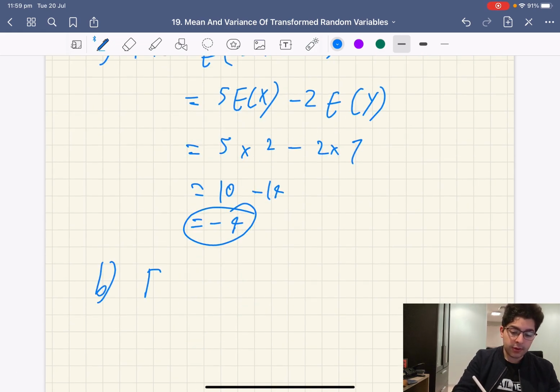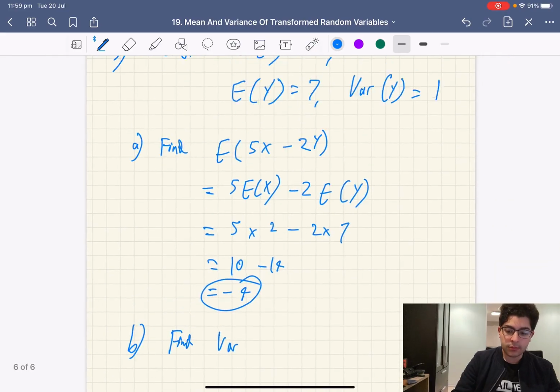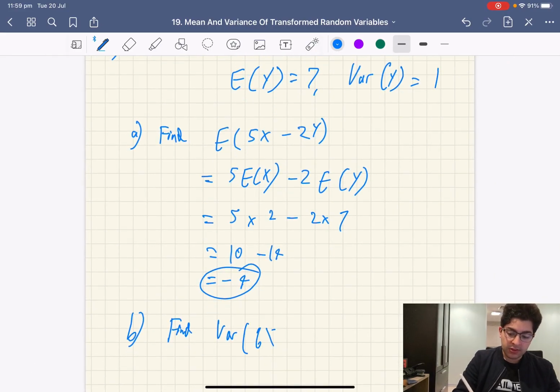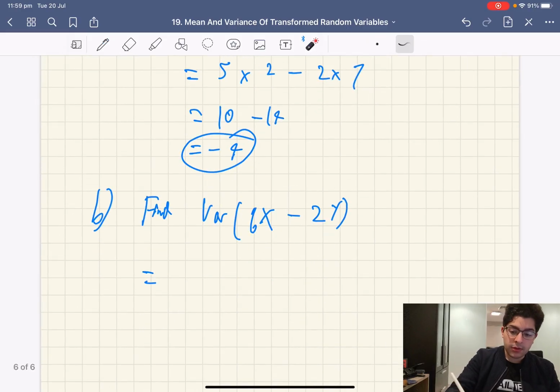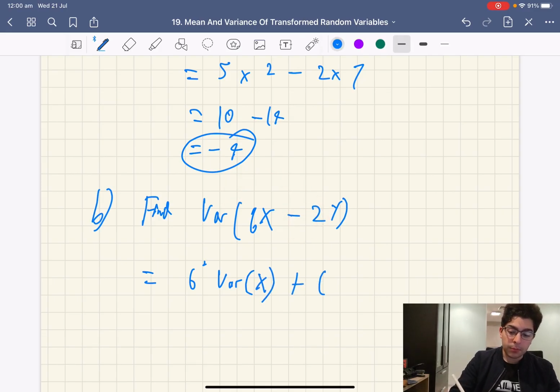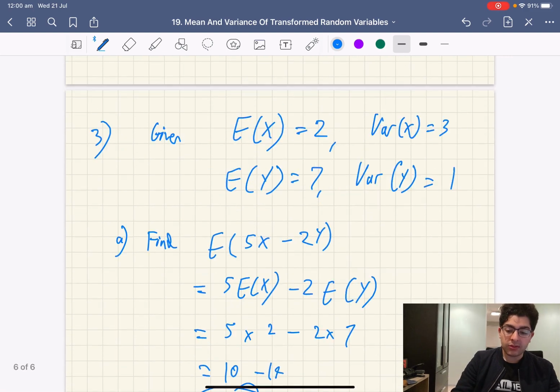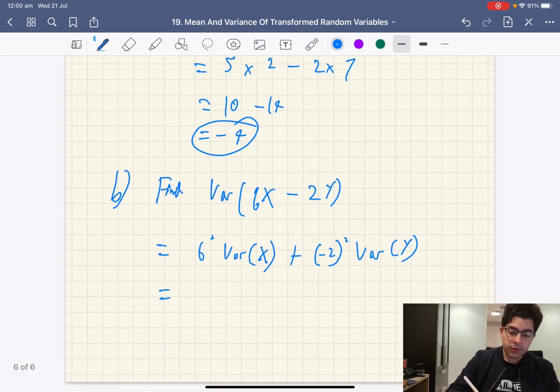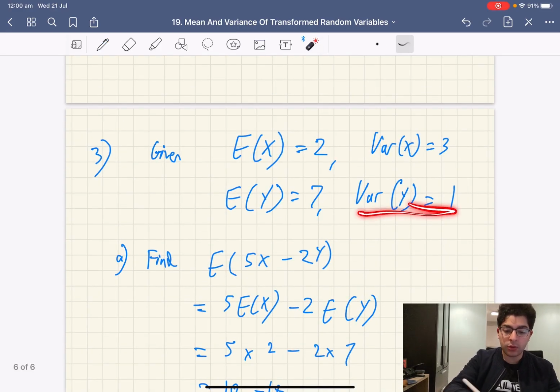Now for part B, if I said find the variance of 6X minus 2Y, that is going to equal this coefficient squared, pulled to the outside, so 6 squared variance of X, plus this coefficient pulled outside, so minus 2 all squared variance of Y. The variance of X we said was 3, so 6 squared times 3, plus minus 2 all squared, which is 4, times the variance of Y. The variance of Y was 1.